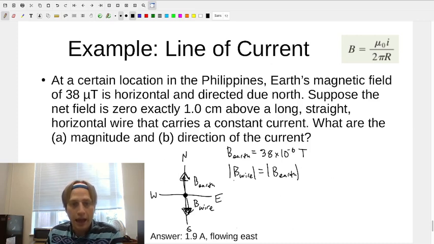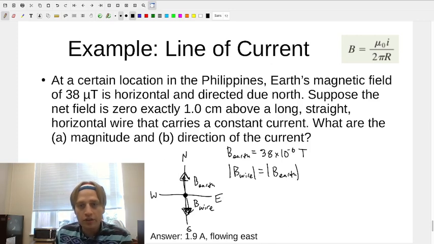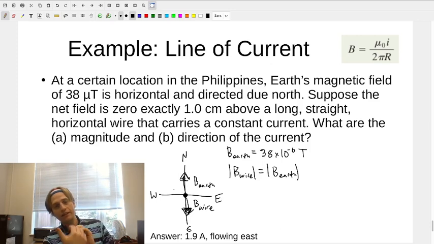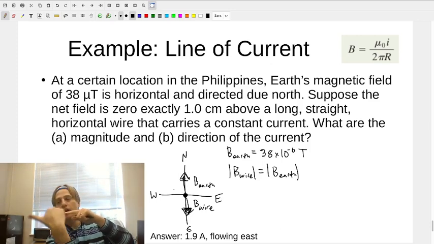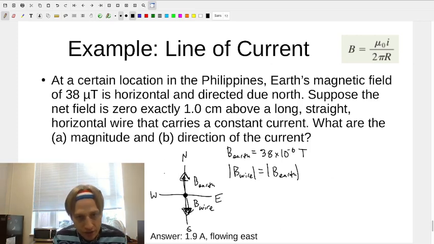Okay? And if we want to find out what direction of current, now imagine that we're below this now. This point is above our wire. If I want to get that B wire that's above me to be pointing down, I would need a current below this plane, the plane of this, that's pointing like this.